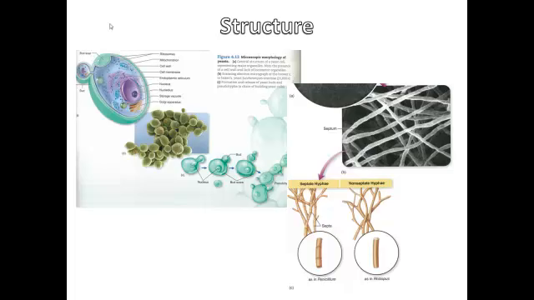Some fungi can be yeast-like in one environmental situation and mold-like in another environmental situation. Usually, dimorphic fungi are yeast-like at body temperature, mold-like at room temperature. That's all the detail we're going to go into on that one.